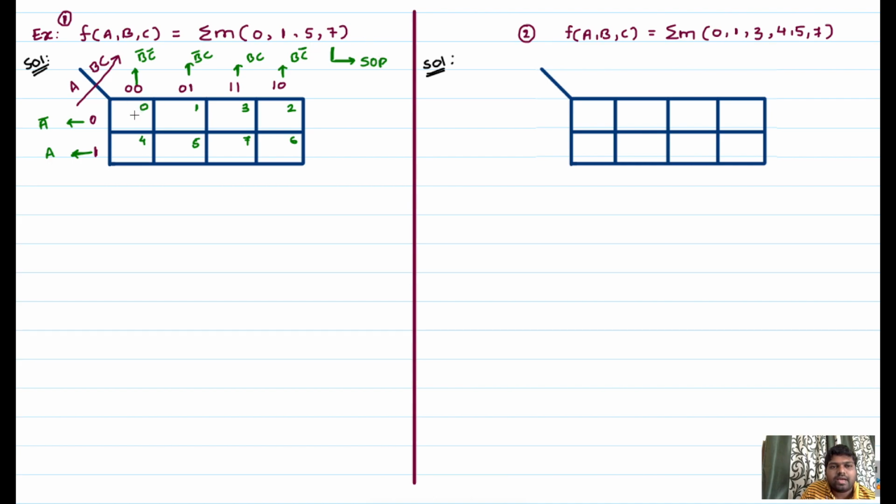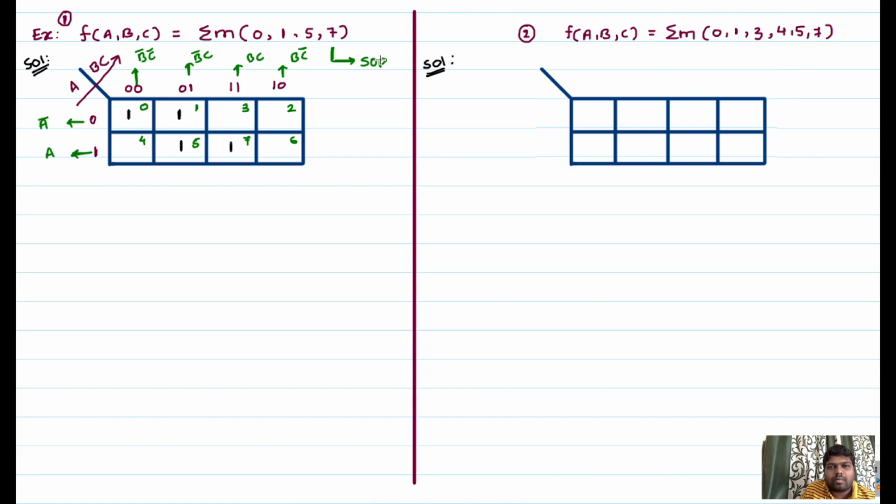So 0 is assigned 1, that means this entire square box contains 1. Next I will take possibility 1, which is also assigned 1, and the fifth possibility is also indicated with 1, and 7 is also assigned 1.